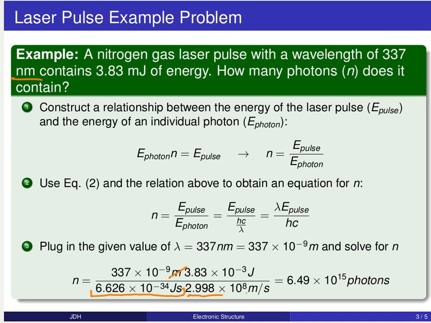Meters cancel out nicely, joules cancel out nicely, and we have seconds up top and 1 over seconds here, which cancel as well. So we have a unitless number, basically just counting up our photons, that comes to 6.49 times 10 to the 15th photons, using 3 significant figures because both of the given values limited us to 3 significant figures.